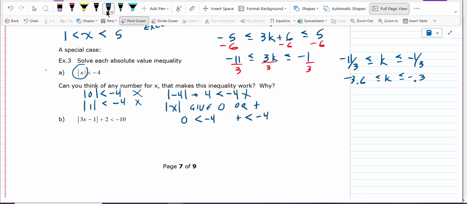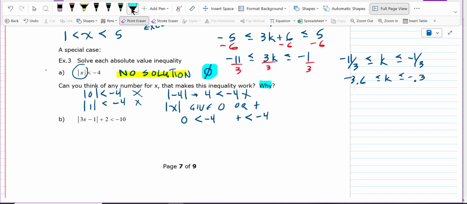So the answer to this problem is no solution. Okay, sometimes inequalities and equations do not have solutions. So you can just write it out that way. A lot of times we write a 0 with a slash through it. That's called the empty set. So the solution is the empty set. You can just say no solution.